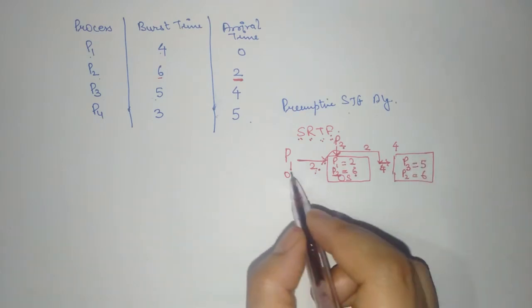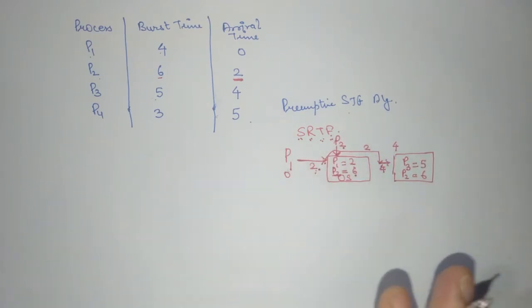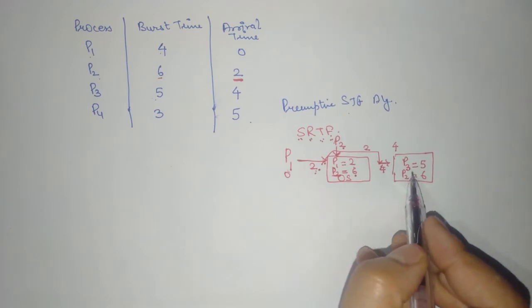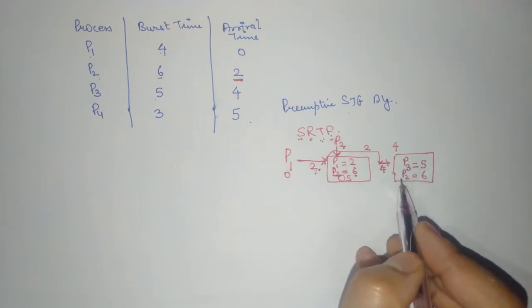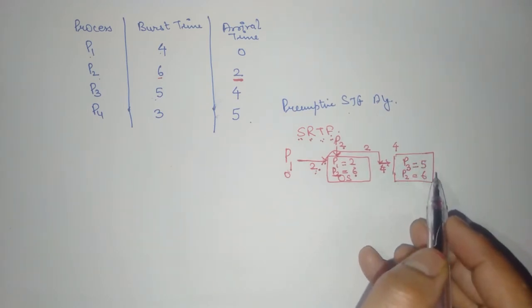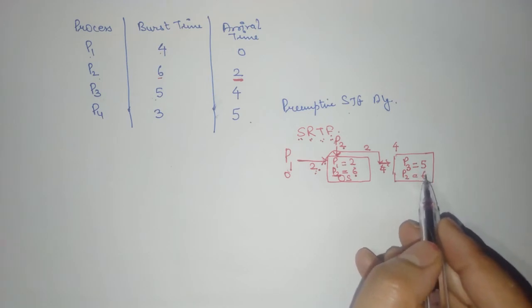Now P1 has completed its execution and exits, and the next 2 processes are present in the ready queue, waiting for the availability of CPU.